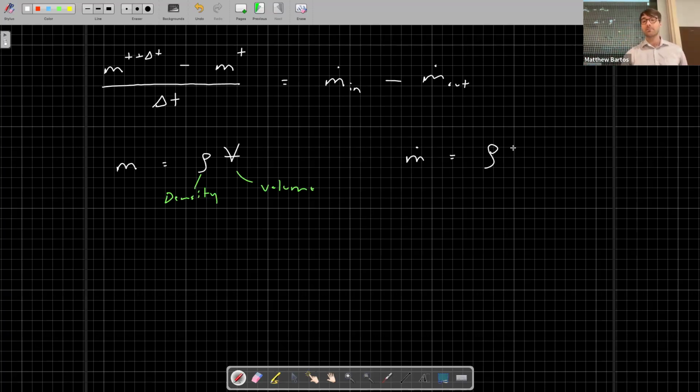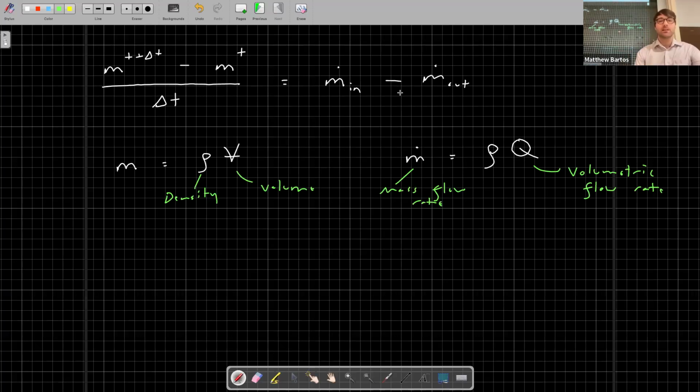Okay, so the mass flow rate is equal to the density times the volumetric flow rate. This is the mass flow rate. So we can rewrite this expression using those two variables.